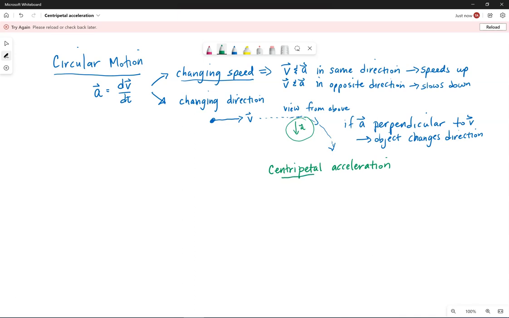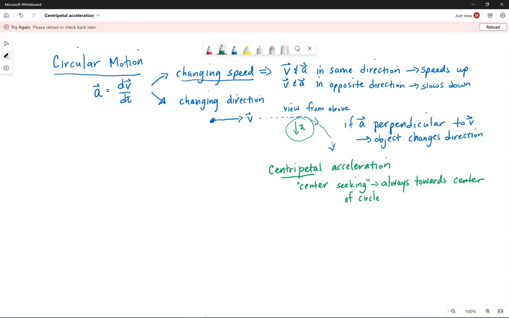This word centripetal means center seeking. The centripetal acceleration always points towards the center of the circle, the center of the circle the object is moving through.